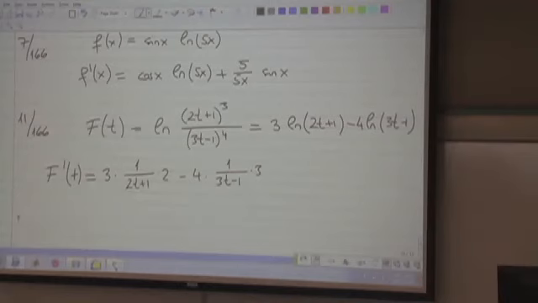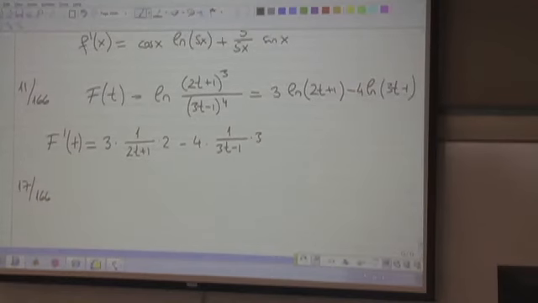17. F of x equals x squared e to the x. So what would f prime of x be?